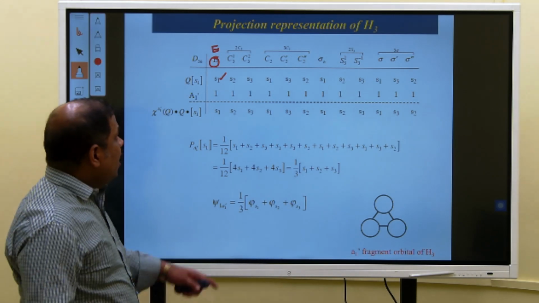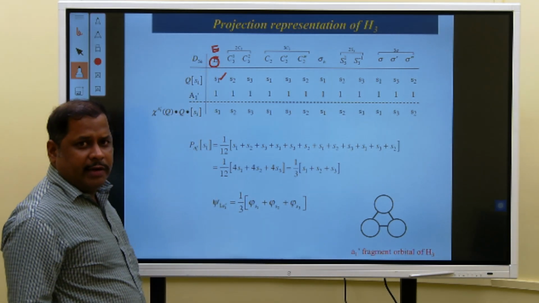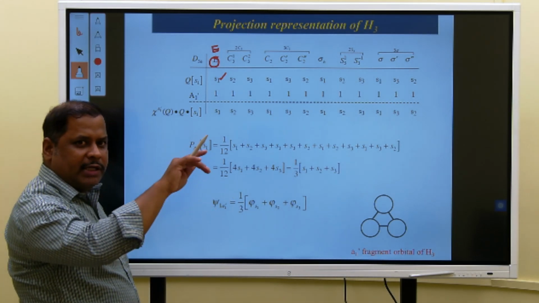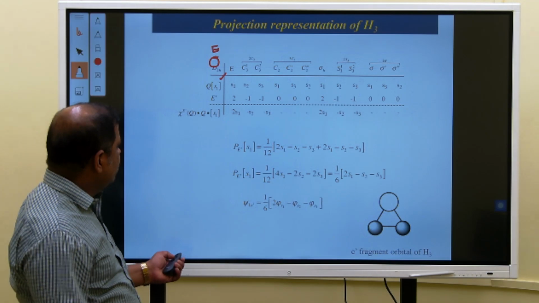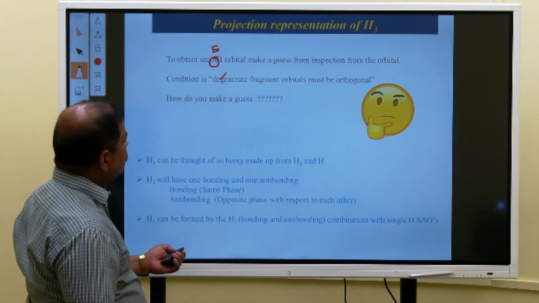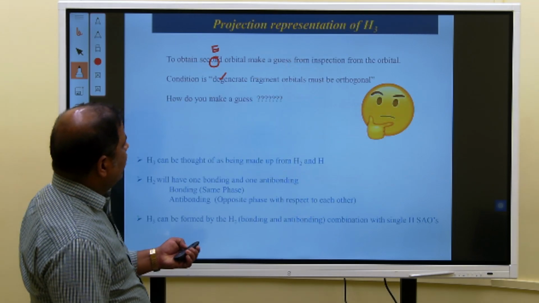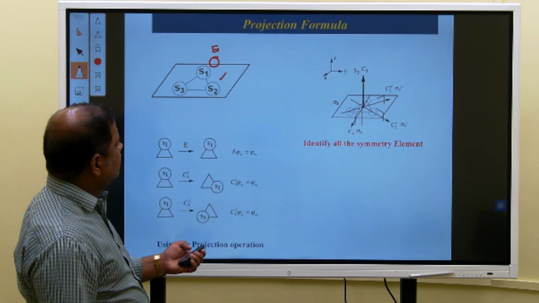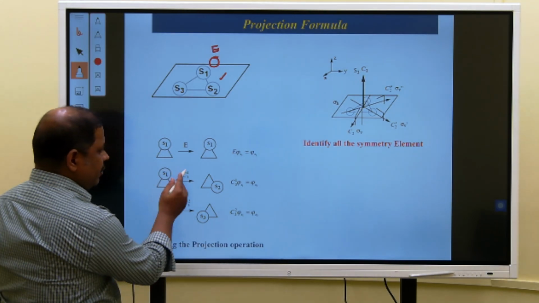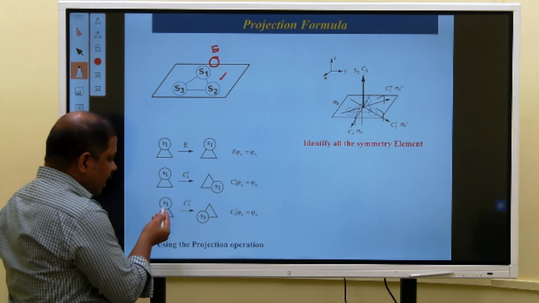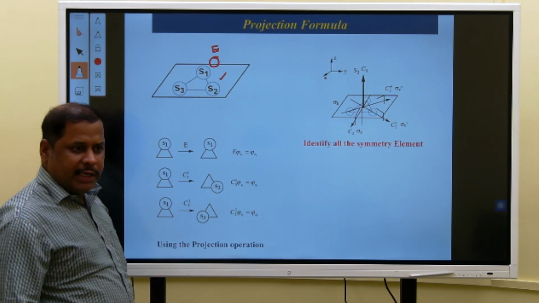Now, if you rotate C3 clockwise, S1 turns into S2. Now see that. I will show you. C31 clockwise direction, S1 turns to S2; anti-clockwise it goes to S3.